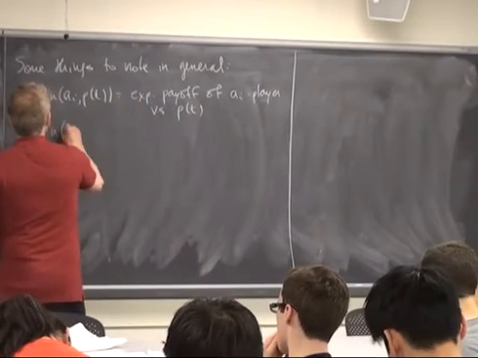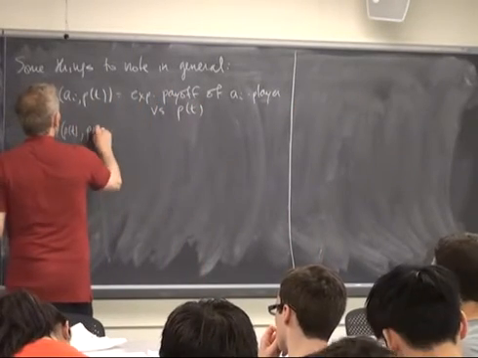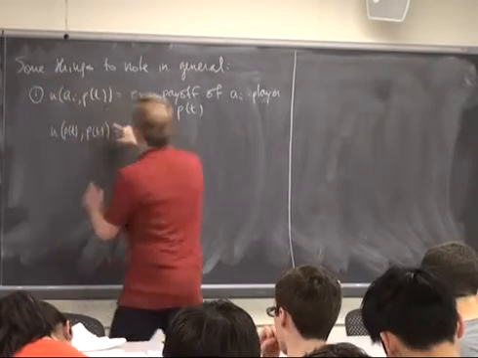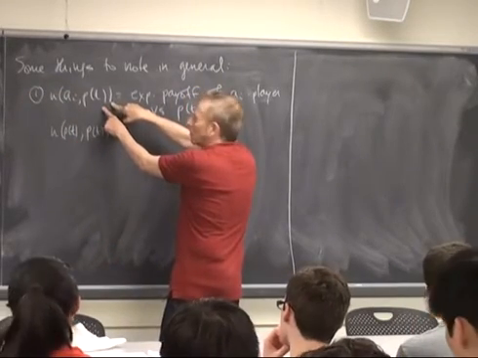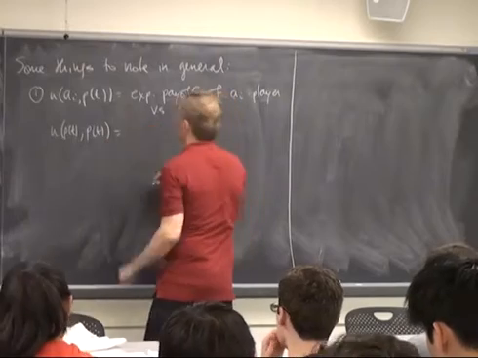U of P of t, P of t is equal to the average of this over all agents in the population.